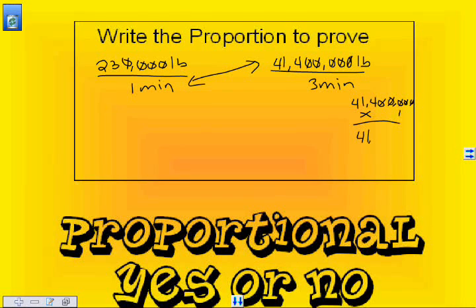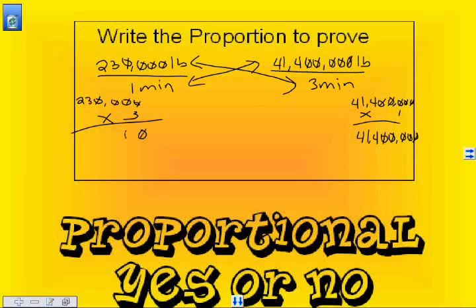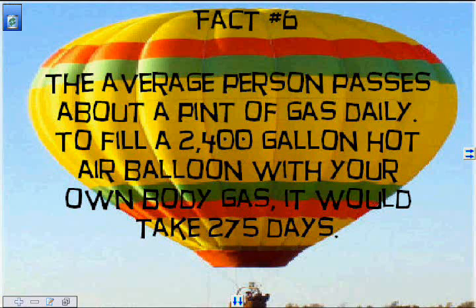This time, 41,400,000 times 1 is just 41,400,000. And 230,000 times 3 is 690,000. So these are not equal. So this is not a proportional relationship.